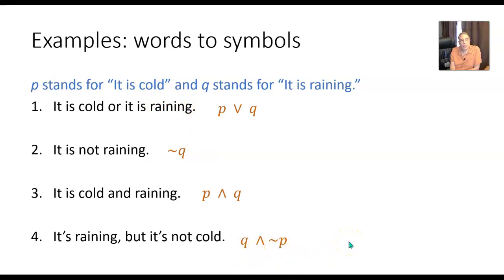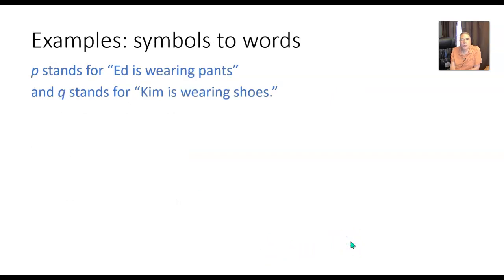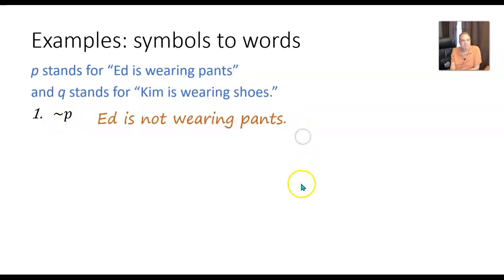Let's try some the other way, going from symbols to words. In these examples, P will stand for the statement, Ed is wearing pants, and Q will stand for the statement, Kim is wearing shoes. So this would be not P, the negation of P. So that would be, Ed is not wearing pants. What about this?